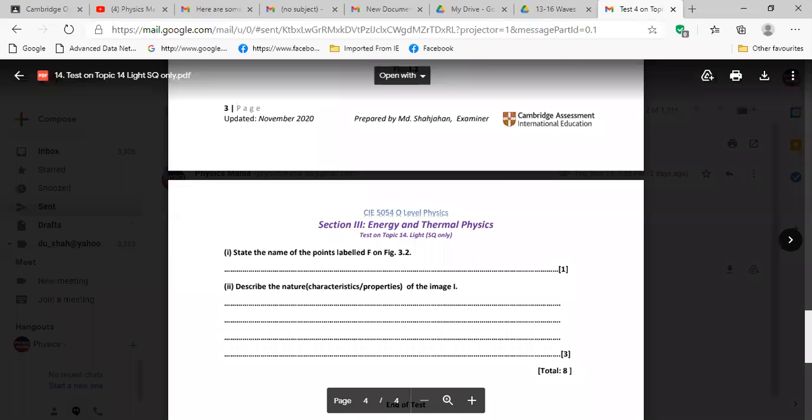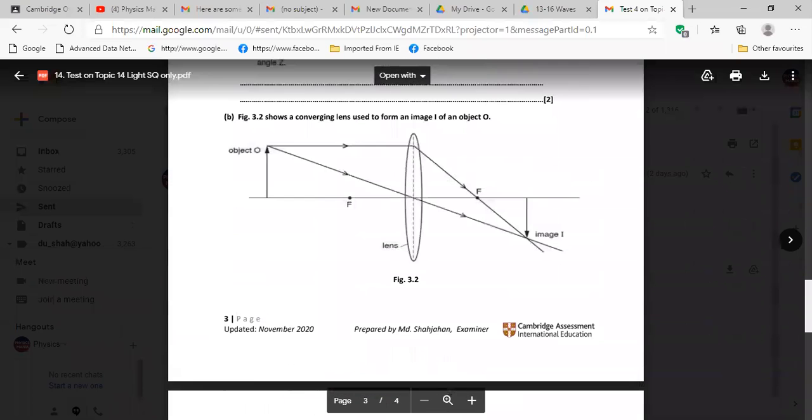So in your notes, if you go through, you would find that we got the image in convex lens. In convex lens, we got the image for camera or eye.